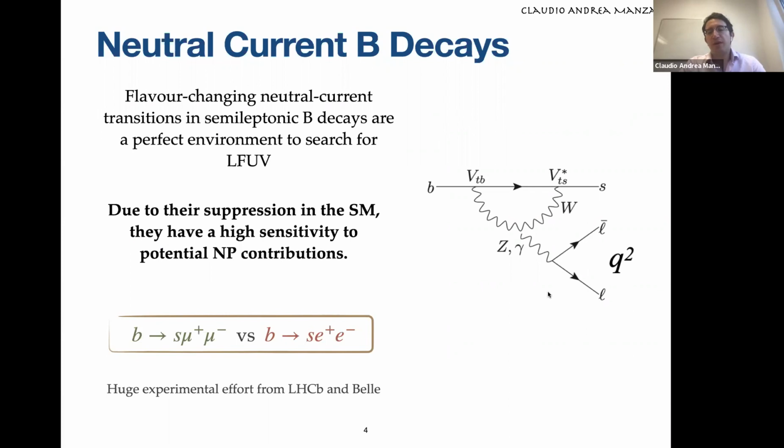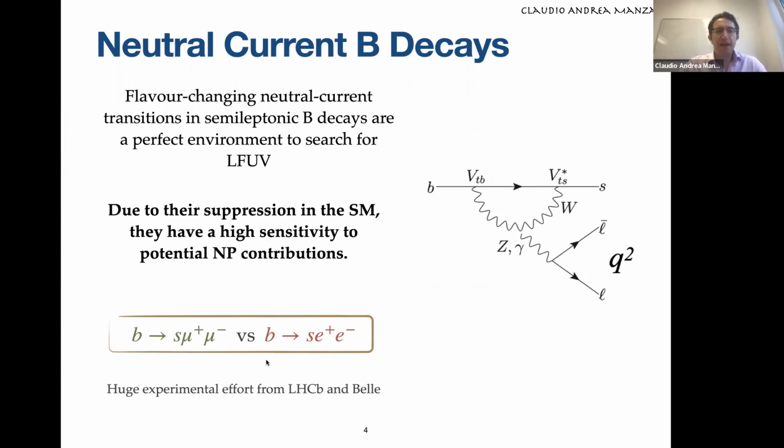And for this reason, we have had in recent years a huge experimental effort from several collaborations such as BaBar, LHCb, and Belle, which studied the process B to S mu plus mu minus and compared it with the process B to S e plus e minus.